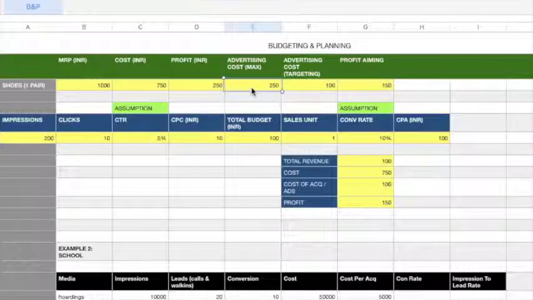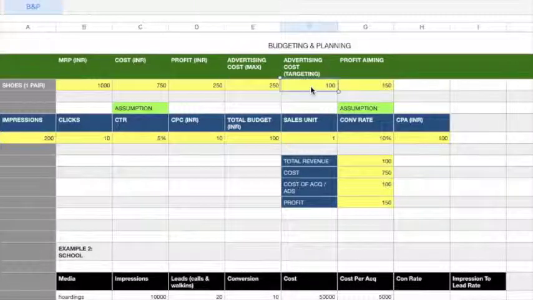So my break even point, the point where I am neither making a loss nor a profit, is 250 rupees. So I've got one data point here: this is the maximum amount I can spend on acquiring a conversion online for my shoe, right?